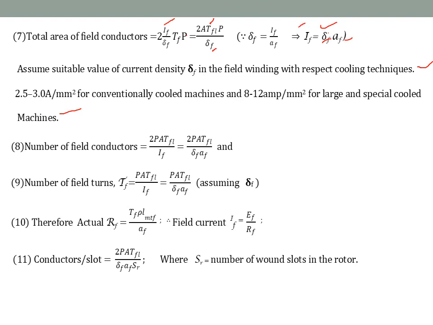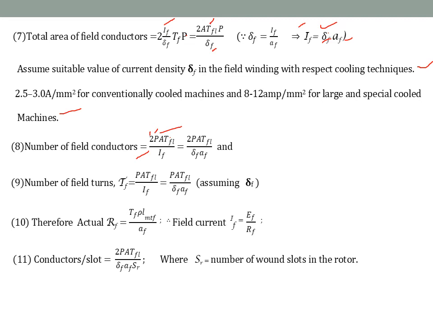Once you find out IF, the number of field conductors is calculated using this equation. This is ATFL per pole multiplied by number of poles into 2. This will give the total number of conductors.